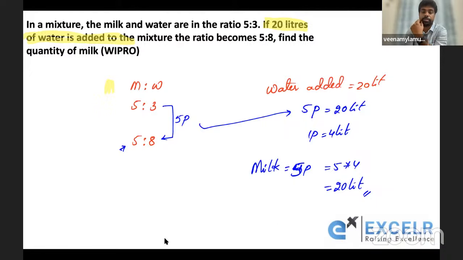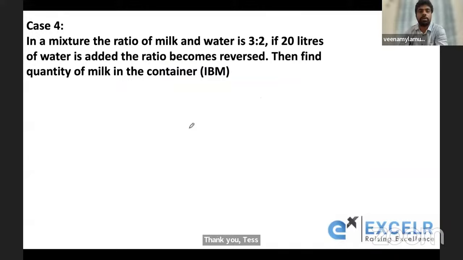Next one. Case 4. Now coming to case 4. Do you remember that we converted case 2 to case 1? Am I correct?